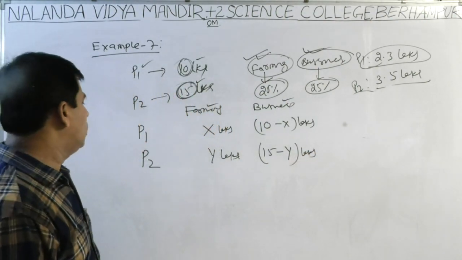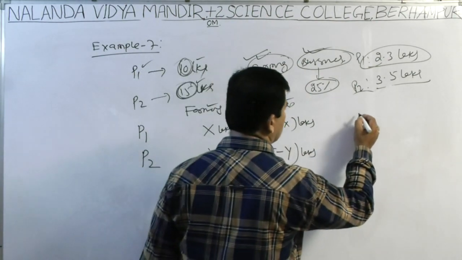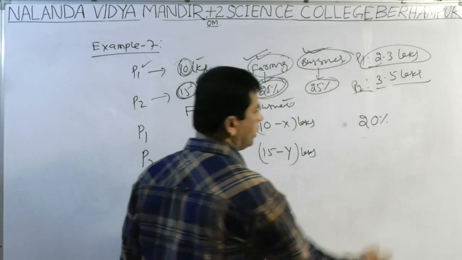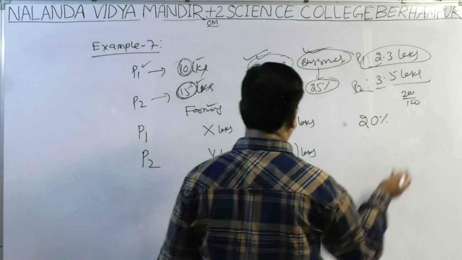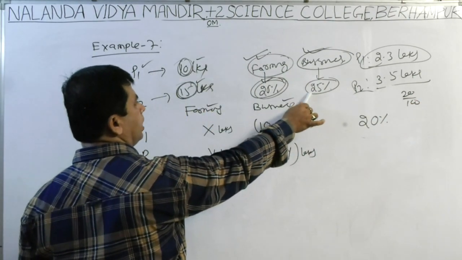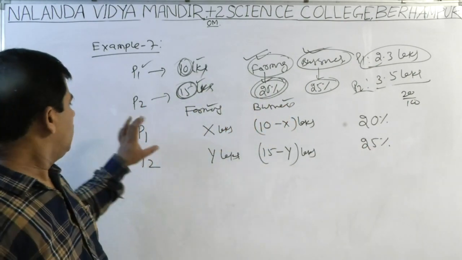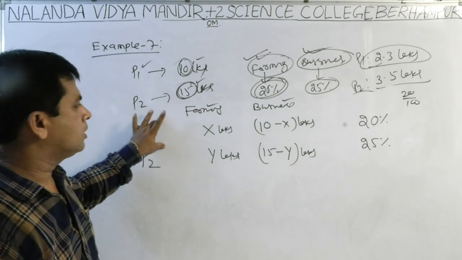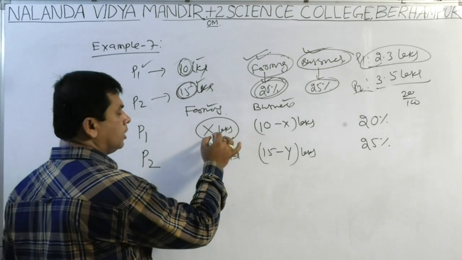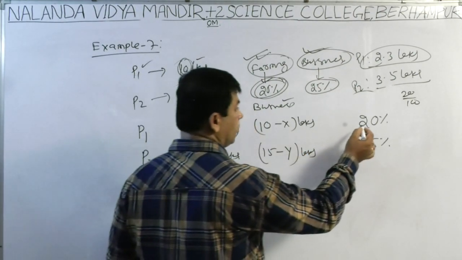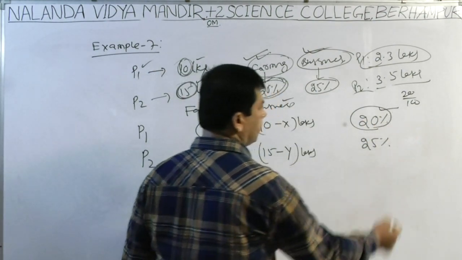Now the profit of farming is 20%. 20% means 20 divided by 100. And in business, the profit is 25%. Therefore, in P1, the total profit: he invests X lakhs in farming, the annual profit in farming is 20%, so we multiply the X amount with 20%.